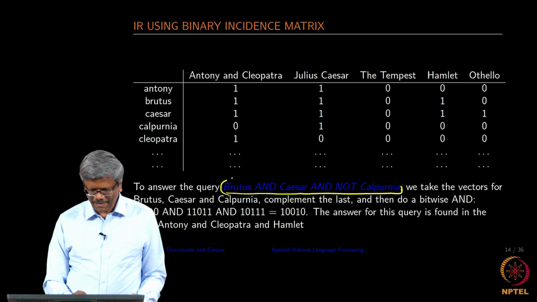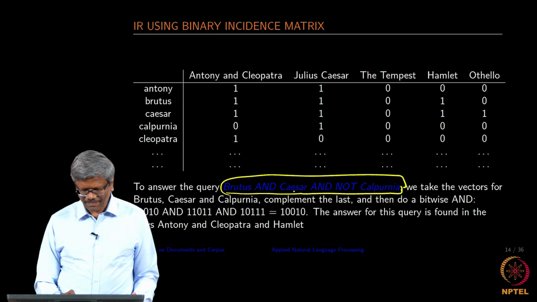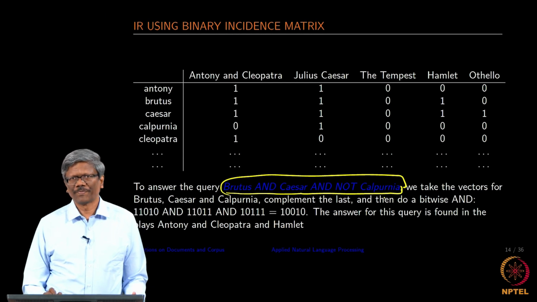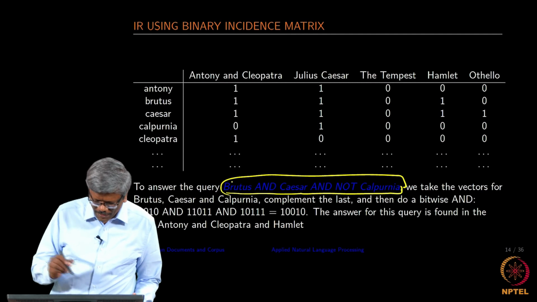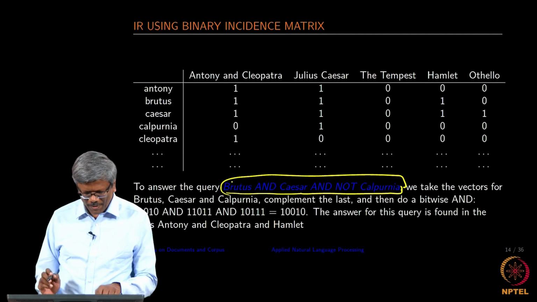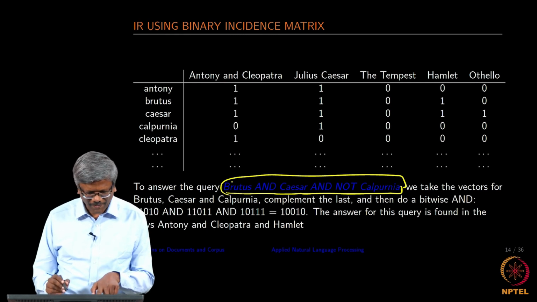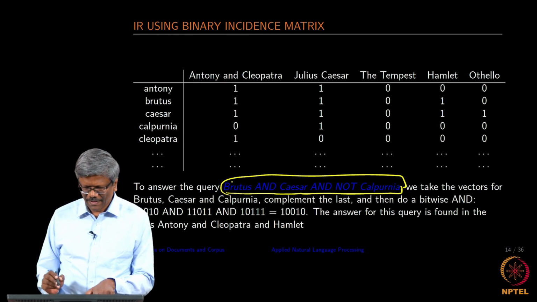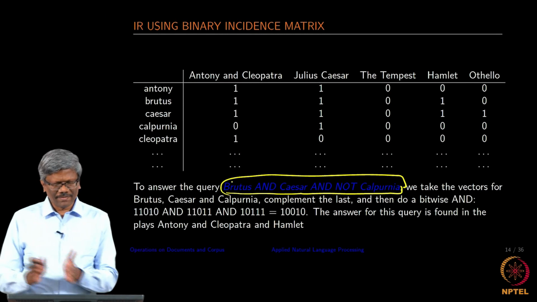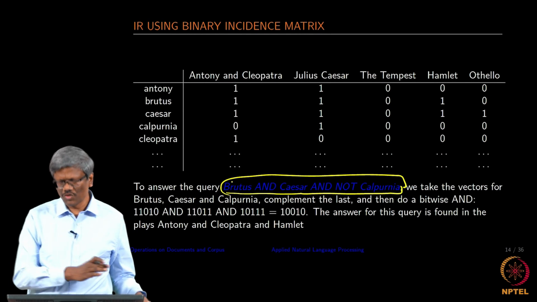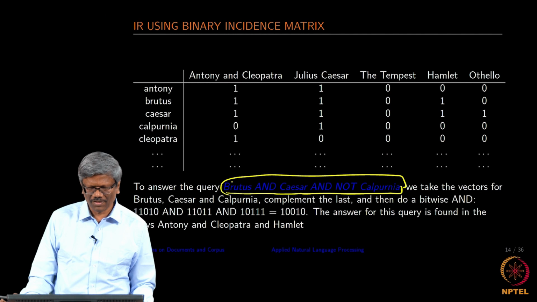I want to find the documents where Brutus is found and Caesar is found and not Calpurnia. One way is to look at each document manually. If I have a very small set of documents, I can do this manually. Assuming I have about 1 trillion documents, it is humanly not possible to do that.